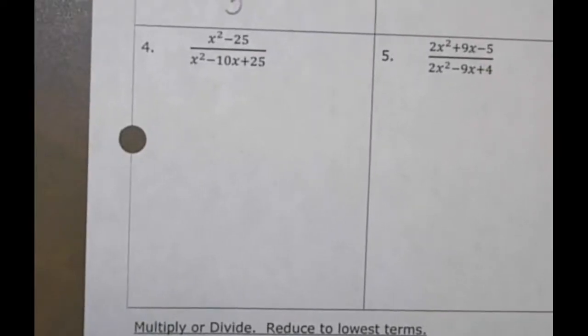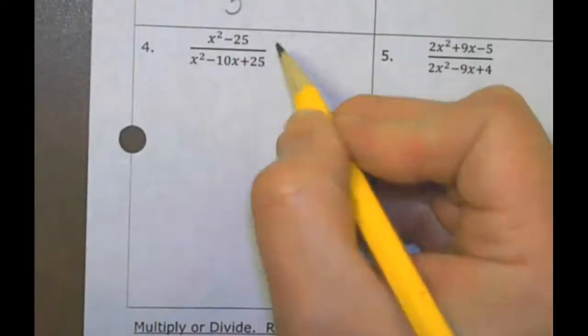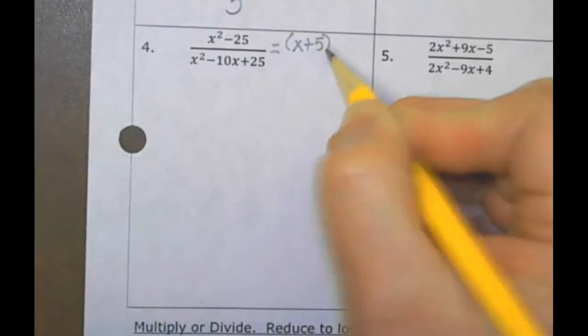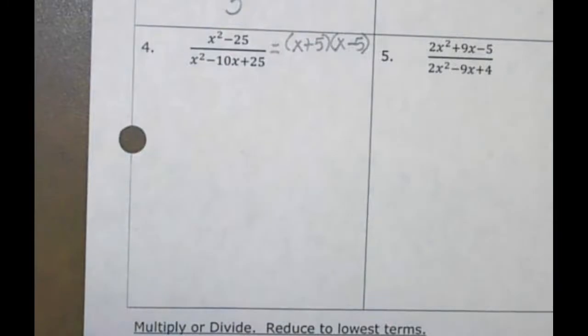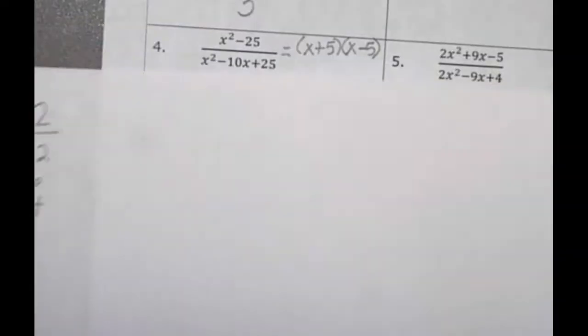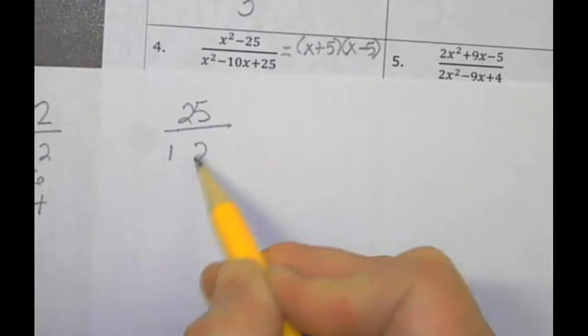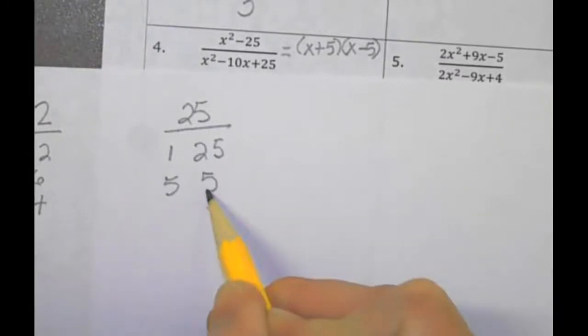Minus 25 is a difference of a perfect square. This is a negative 25, so this factors into x plus 5, x minus 5. On my scratch paper over here, the factors of 25 are 1 and 25, and 5 and 5.